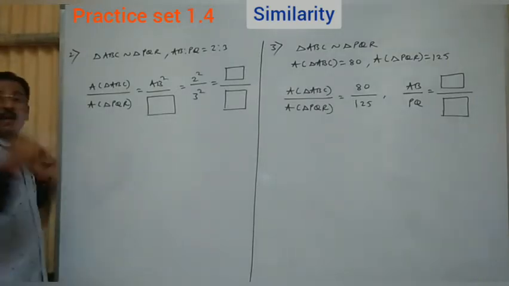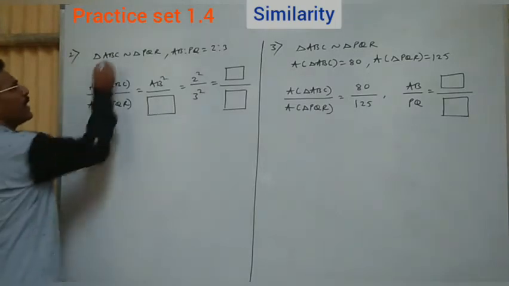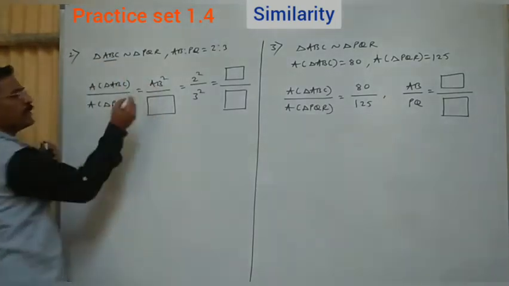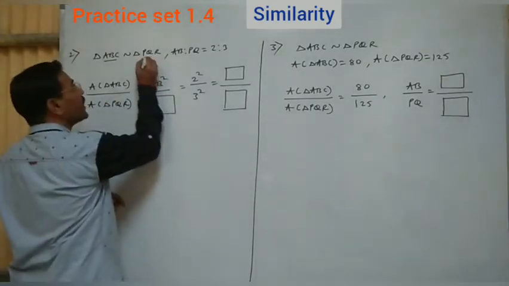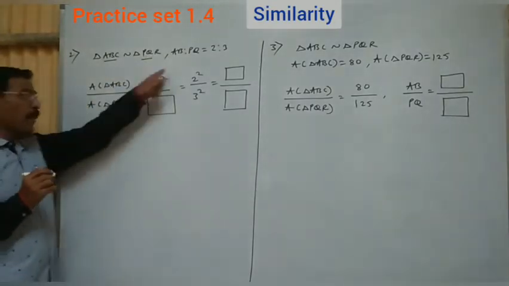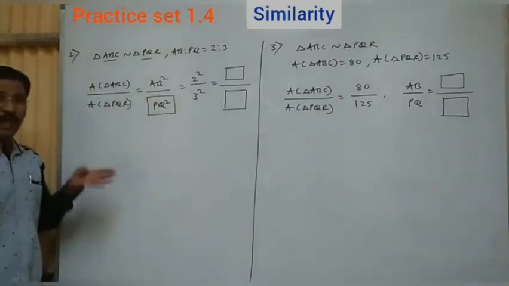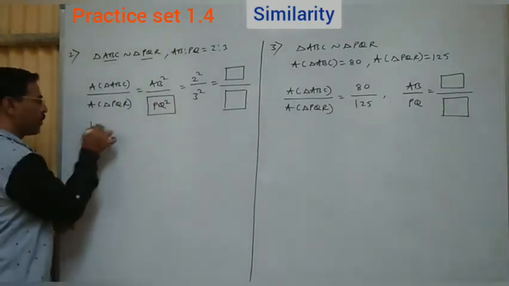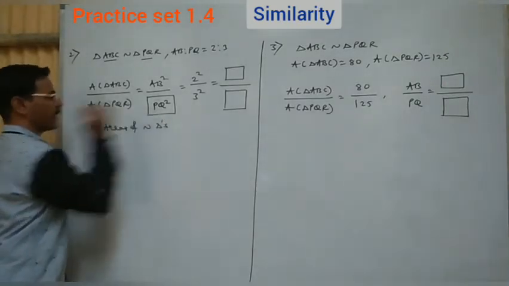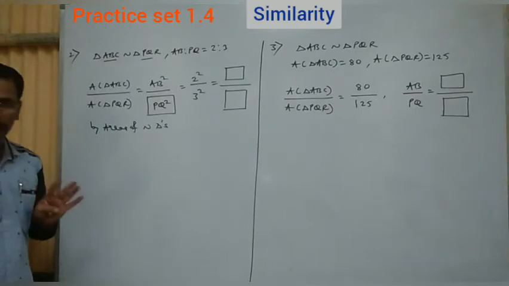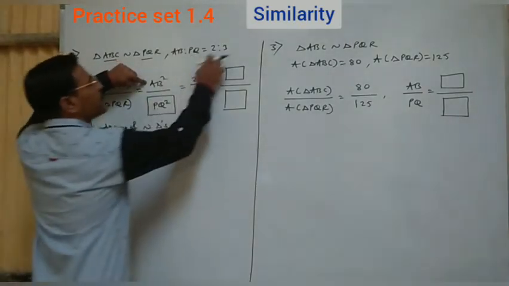What can you write? Corresponding side squared. So here AB square. So tell me, if AB square is there, then what will come here? PQ square is there, so straightaway write PQ square, by areas of similar triangles. Okay? Now AB upon PQ, here it is 2 upon 3.